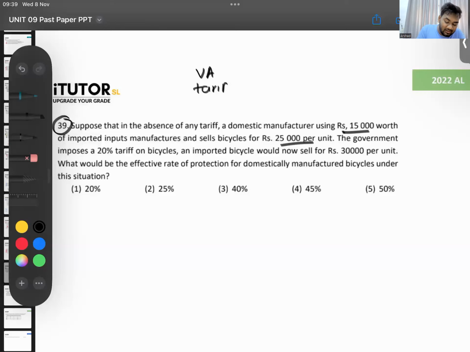He is using imported inputs of 15,000 and selling a bicycle for 25,000. How much is his value addition? They are asking for effective rate of protectionism. Value addition is 10,000, right? He is adding new value of 10,000, importing inputs of 15,000 and making a bicycle and selling for 25.